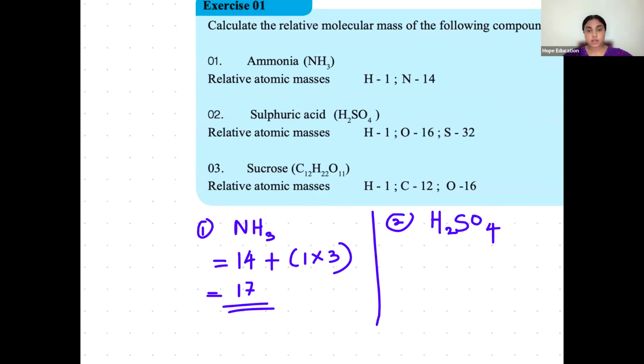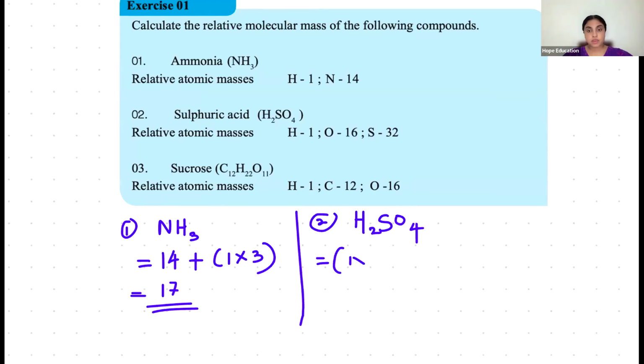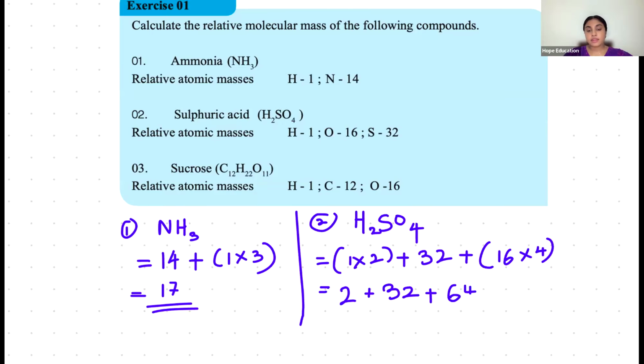So, 1 times 2. Sulfur, there's only 1 atom, so we'll just write 32. Oxygen is 16. So, 1 oxygen atom is 16. There are 4 such oxygen atoms. So, 1 times 2 is 2 plus 32 plus 16 times 4 is 64. We get 98.